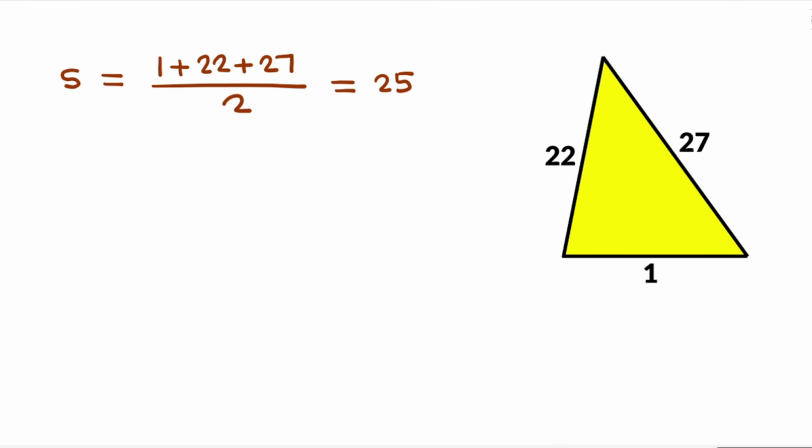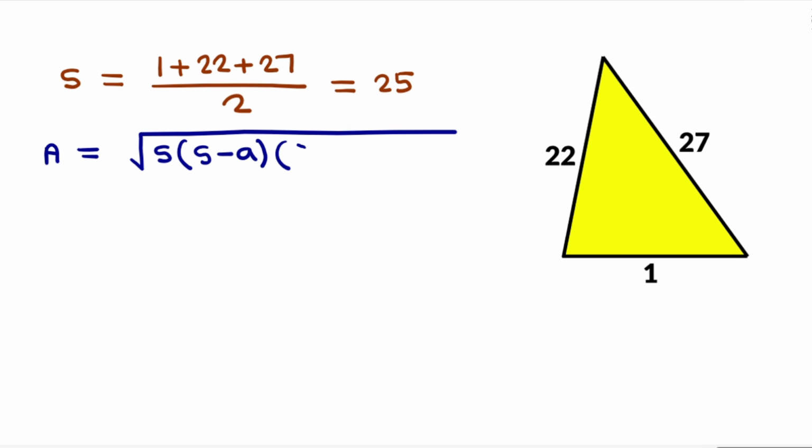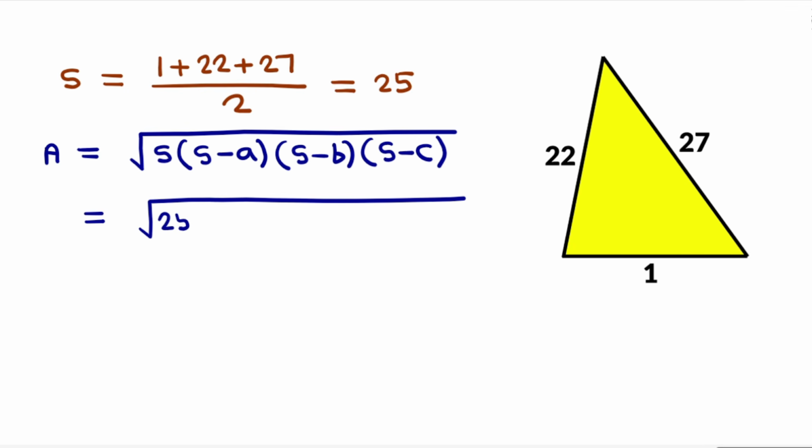Now, Heron's formula tells us that the area equals the square root of S times (S minus A) times (S minus B) times (S minus C). Let's substitute our values. The area equals the square root of 25 times (25 minus 1) times (25 minus 22) times (25 minus 27).